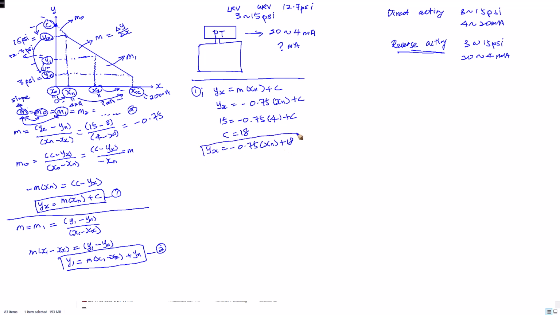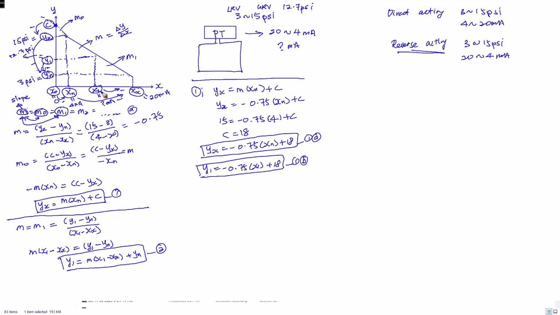This will be the new formula for equation 1. We can further rewrite the equation as y1 equal to minus 0.75 x1 plus 18. This will be our new equation.